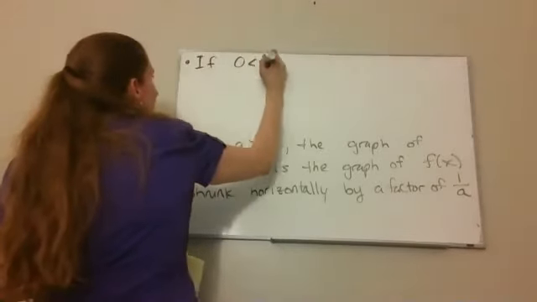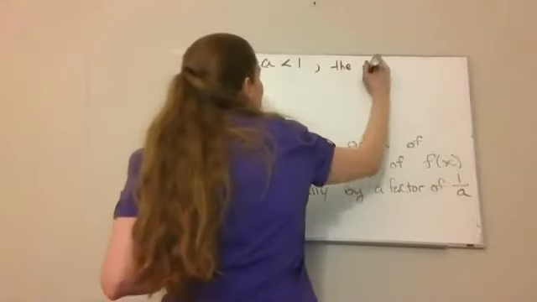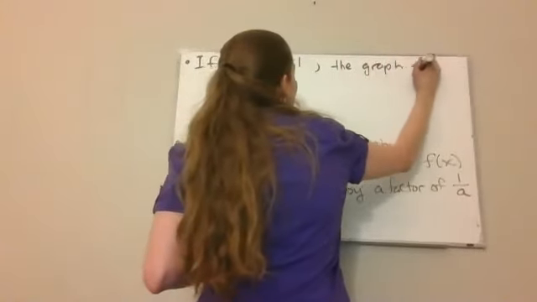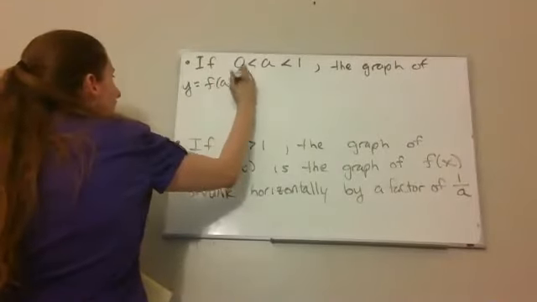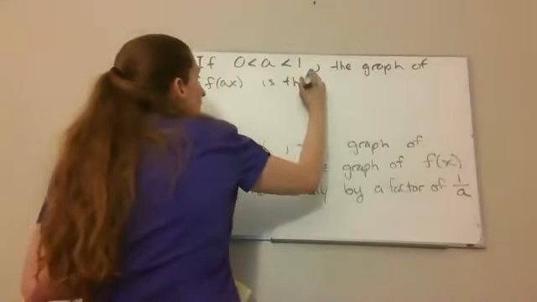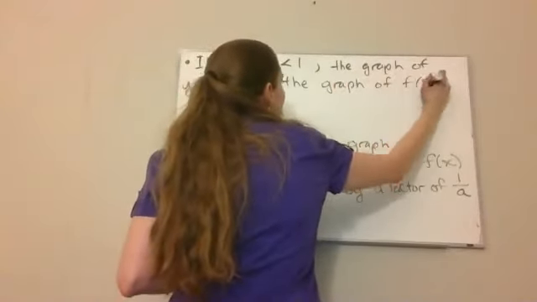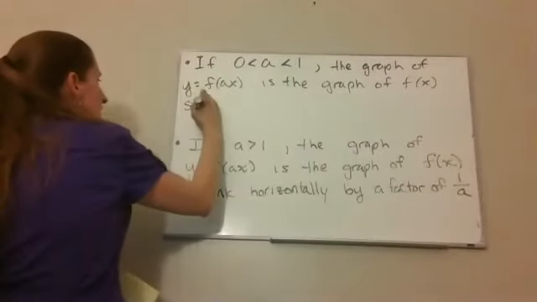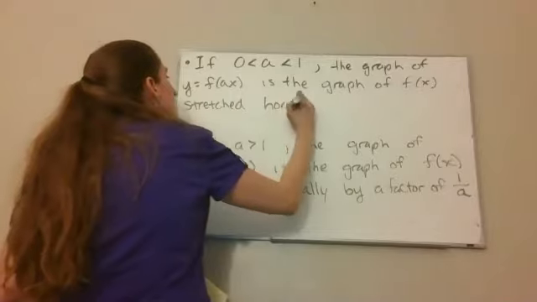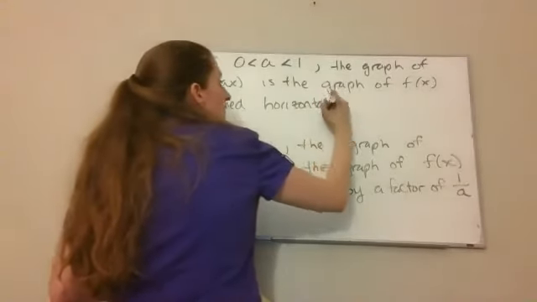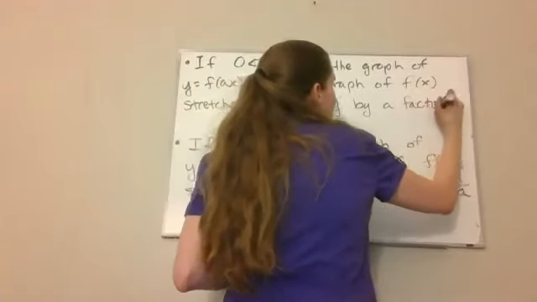So if a is between 0 and 1, then the graph of y equals f of ax is the graph of f of x stretched horizontally by a factor of 1 over a.